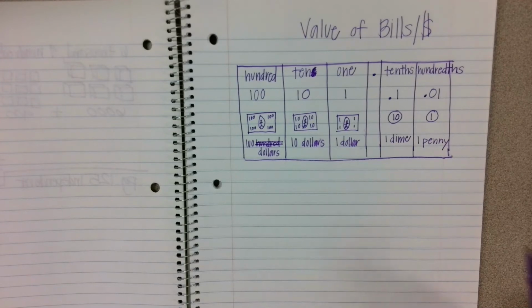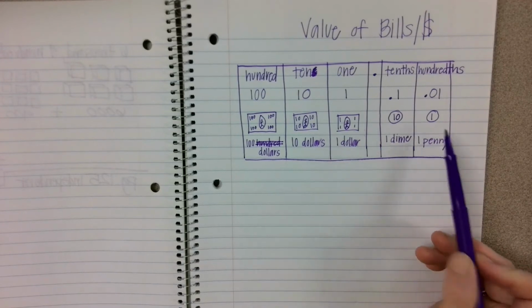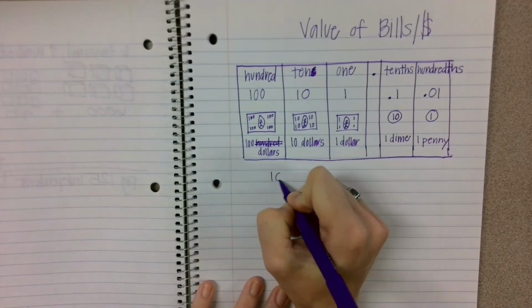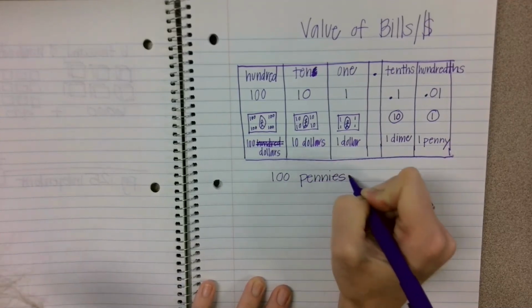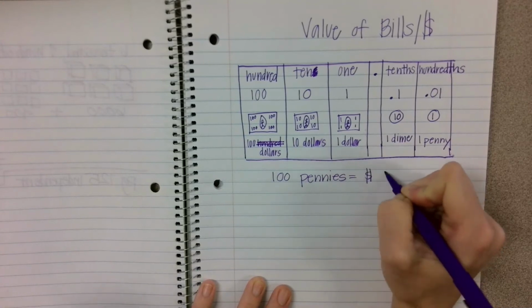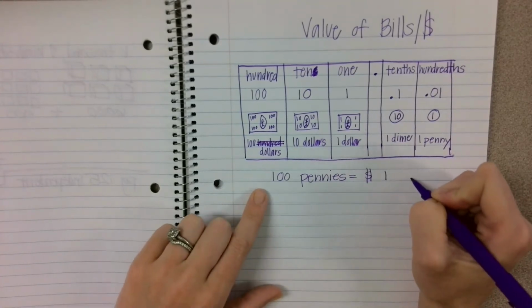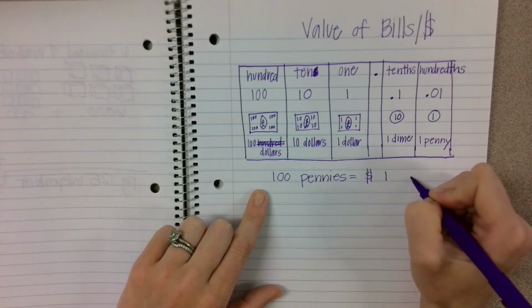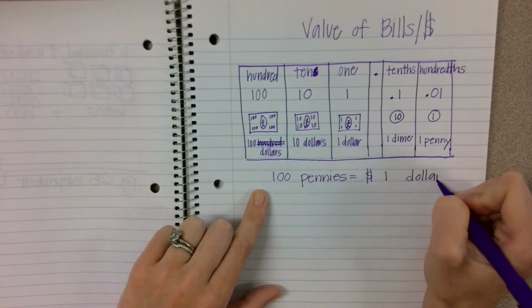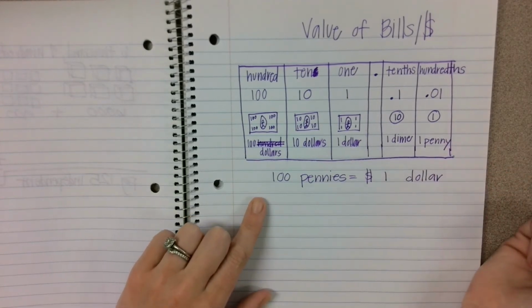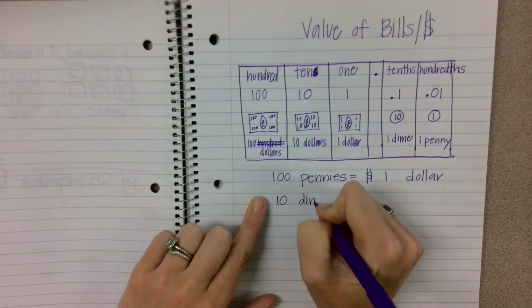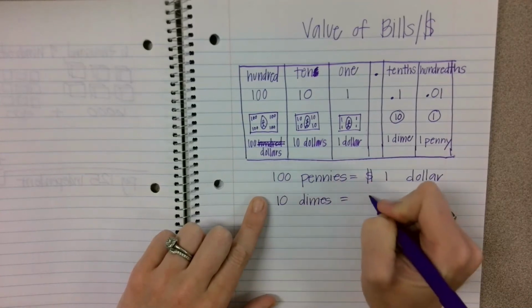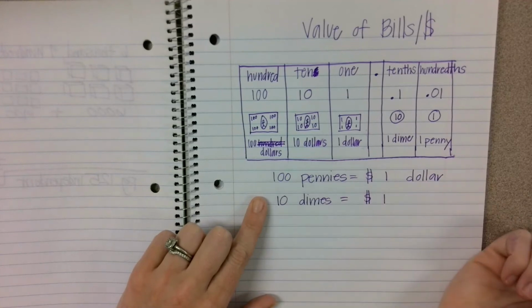So it takes 100 pennies to make $1. So 100 pennies equals $1. Now, 10 dimes equal $1.